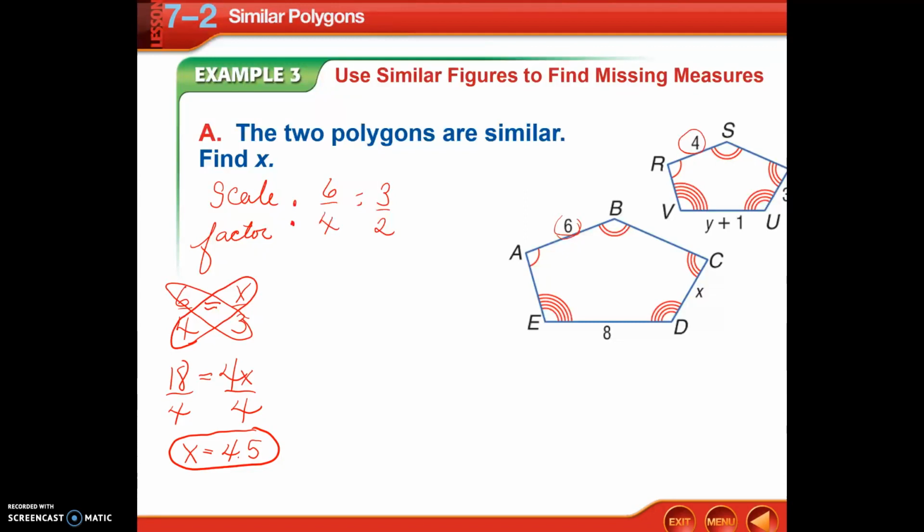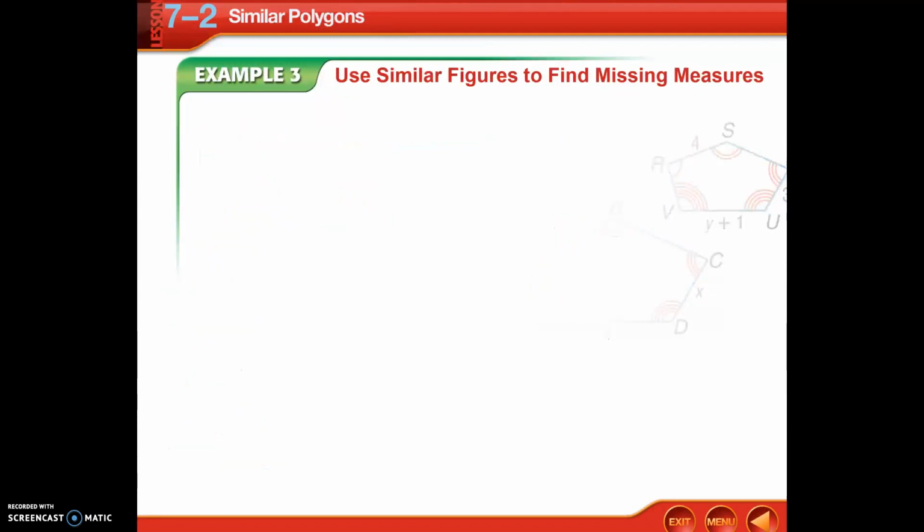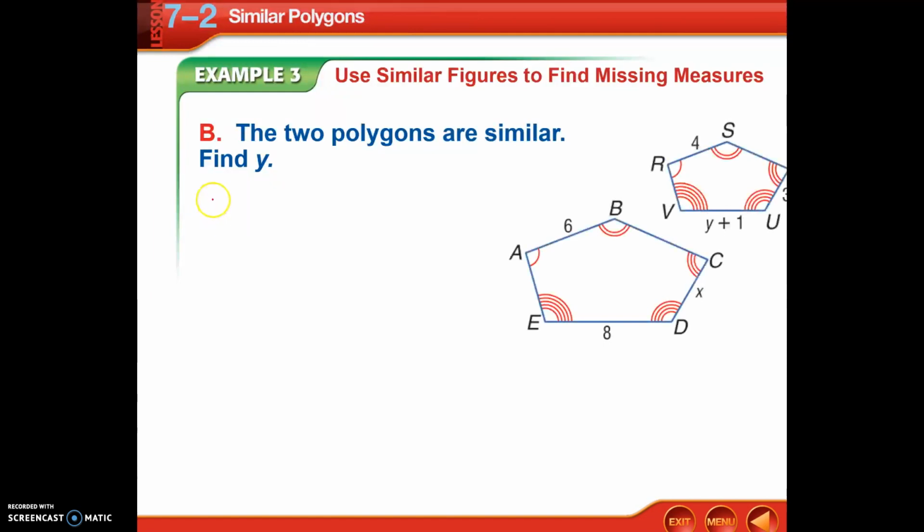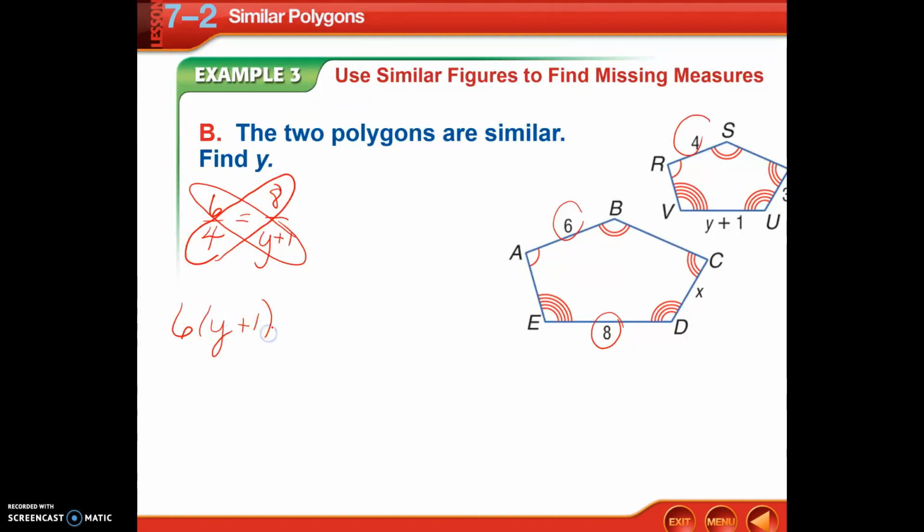We can do the same thing to solve for y. So again, we have our proportion, 3 over 2 or 6 over 4, for these two sides will equal, well, now we're looking for the y, so what corresponds with the 8 is y plus 1. Cross multiply again. So 6 times the y plus 1 should equal 8 times 4. So 6y plus 6 equals 32, since we distributed the 6 to both terms.